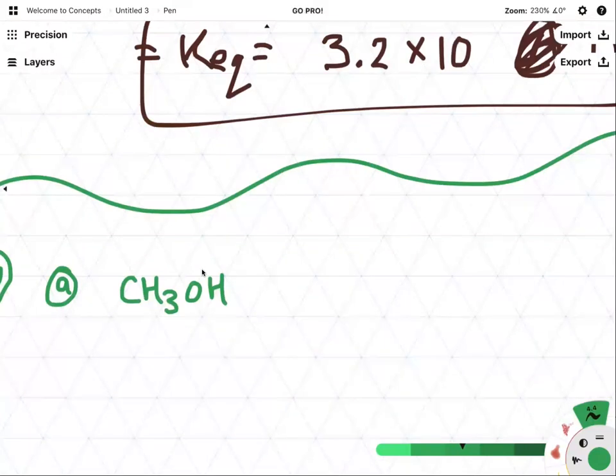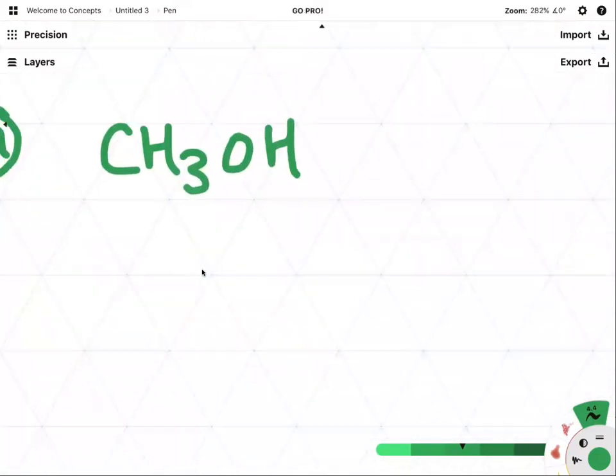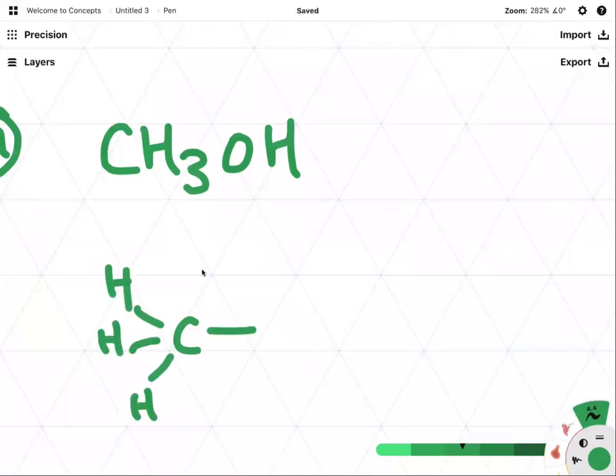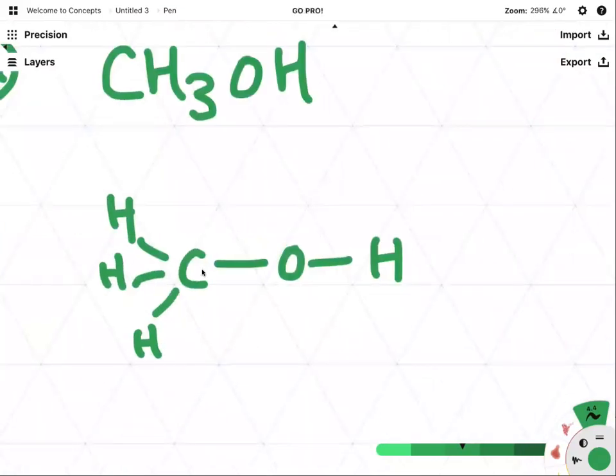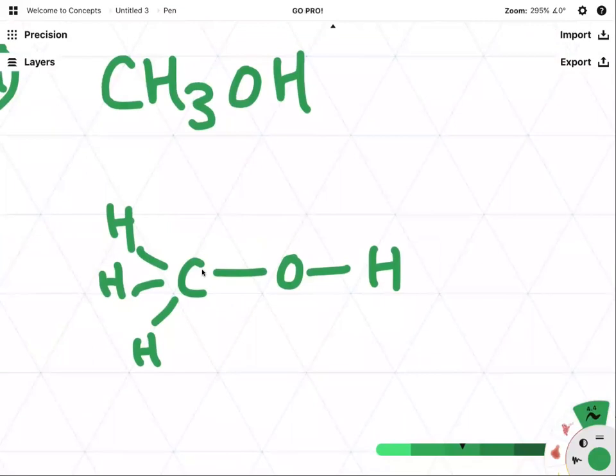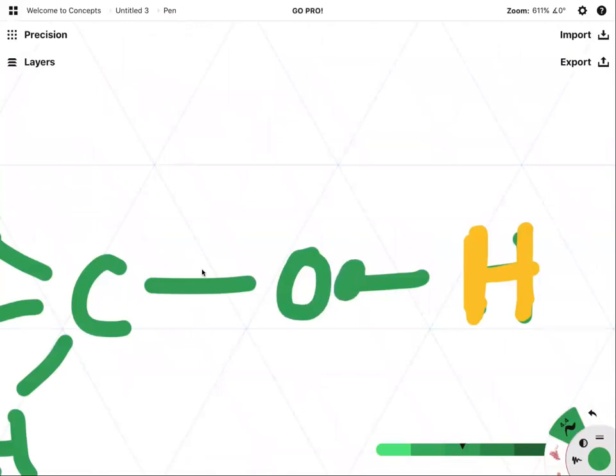So when this thing behaves like an acid, let me just draw this out. Here's CH3, I'm drawing it out in expanded form, OH. I know you know that the hydrogen that is being liberated into solution is not one of the green hydrogens, but the yellow hydrogen. That's the thing that's going to go away as a proton. And when it does, it's going to leave behind the 2 electrons that form the bond between the oxygen and the hydrogen, onto the oxygen.